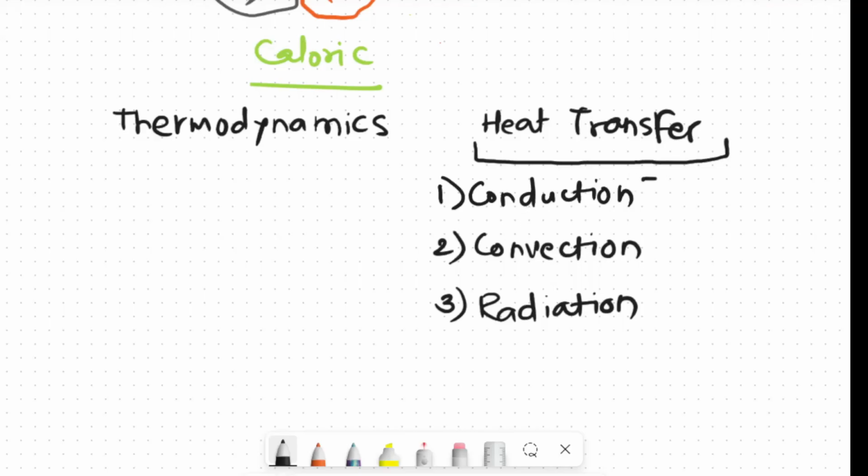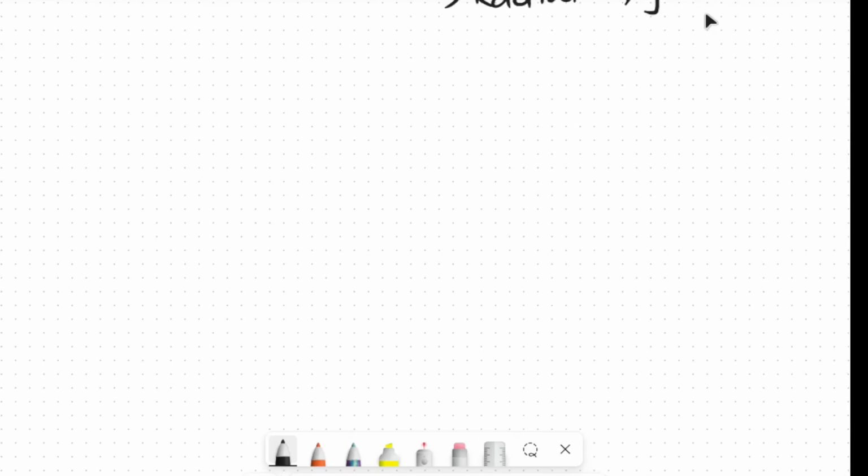And as we know, for all these three modes of heat transfer to happen, there should be a temperature difference. Now let's discuss heat conduction.